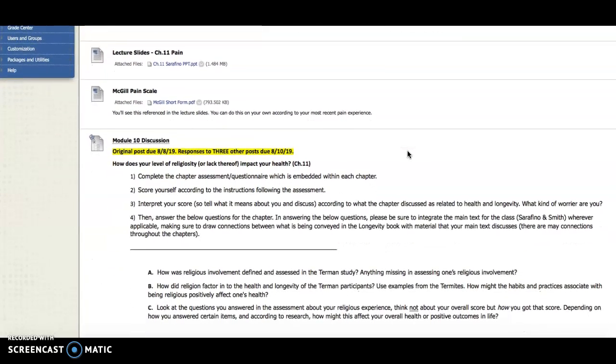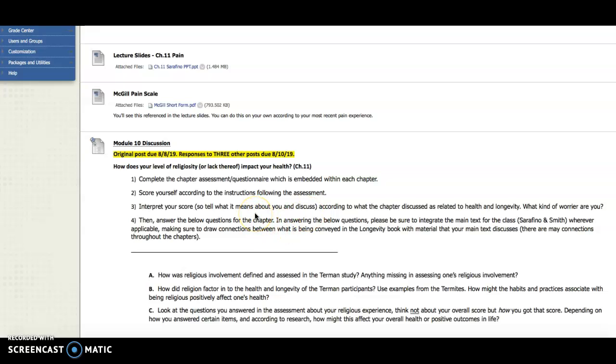The discussion for this week has to do with level of religiosity or lack thereof, and its impact on health. So the readings in The Longevity Project will be taking a look at the Termites and what their religious involvement was like.